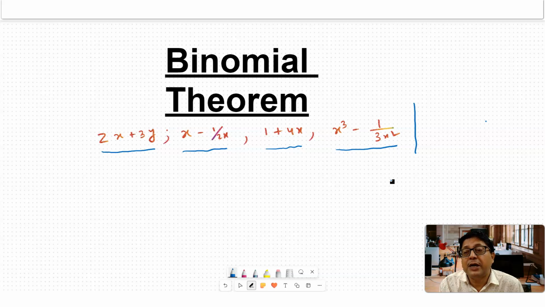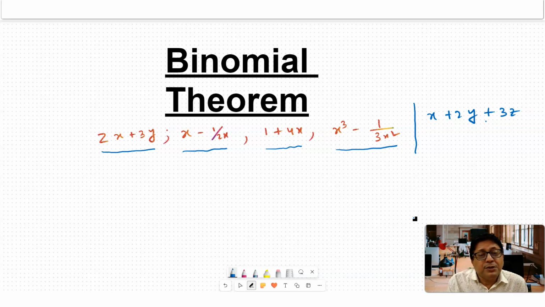If it was trinomial, you would have got an expression like this, x plus 2y plus 3z. But these are just expressions. Then what binomial theorem stands for, that we are going to learn. The theorem, you already have an introduction in classes 8, 9 and 10.